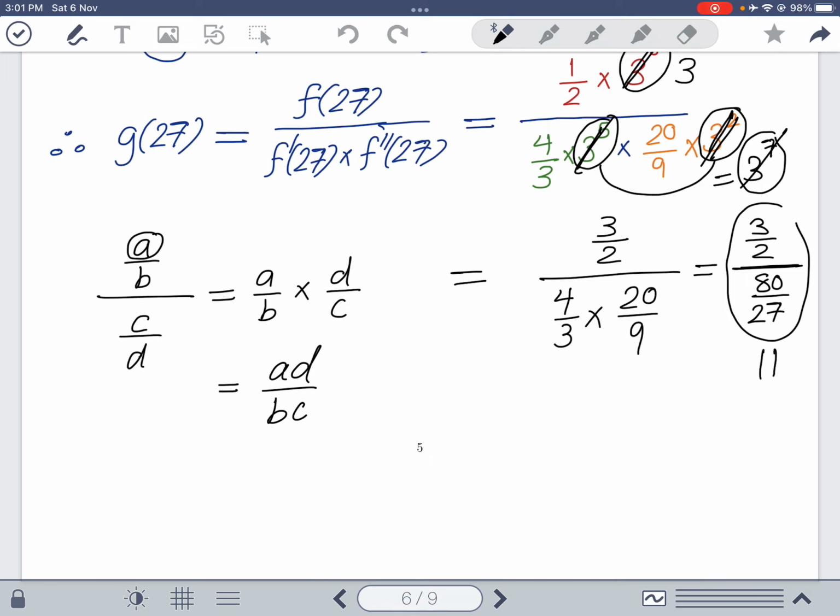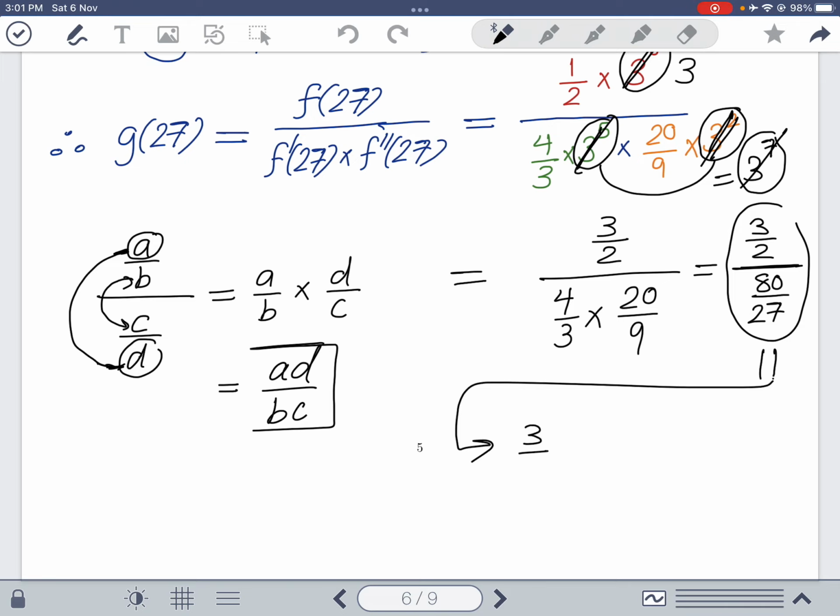It means that the numerator of the numerator multiplies the denominator of the denominator, and the denominator of the numerator multiplies the numerator of the denominator. So in any case, you get this. And this means that our answer will be 3 over 2 times the reciprocal of 80 over 27. So it's 27 over 80.